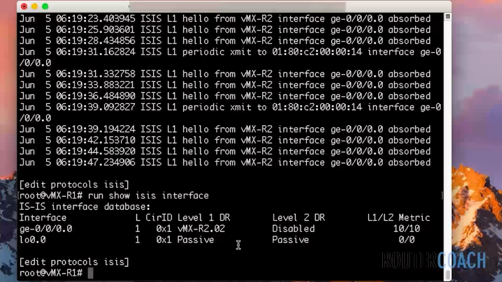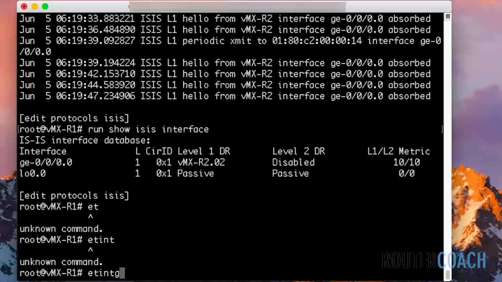Now, what I'm going to do, it will bring down the adjacency, but I'm going to configure this interface as a point-to-point interface, and let's just see if there are any differences. So set interface ge-0.